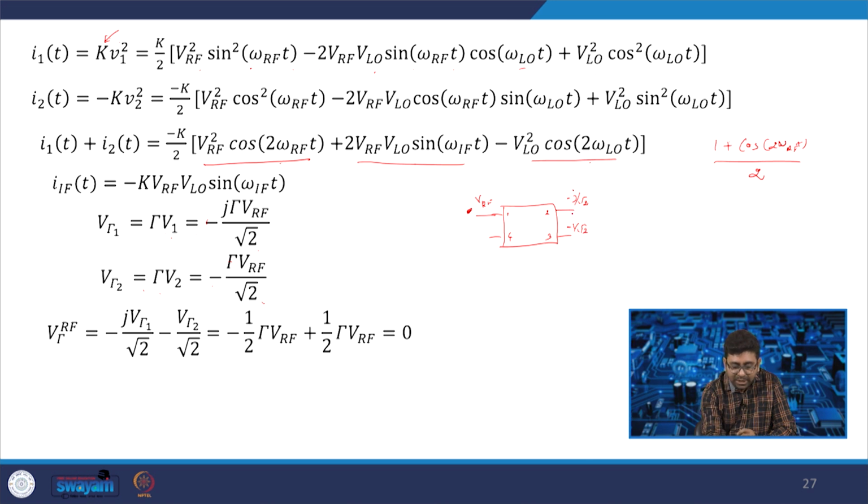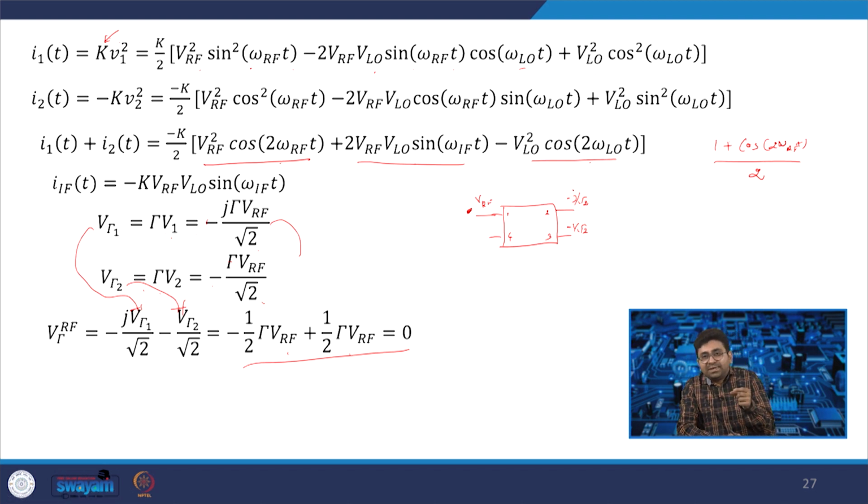Same thing we can write: minus J by root 2 into V into gamma 1. If you apply voltage at port 2, minus J by root 2 into V into gamma 1 voltage will come, and minus 1 by root 2 into V into gamma 2. When we use the same V gamma 1 and V gamma 2 in this equation, what we get is minus 1 by root 2 gamma VRF plus 1 by root 2 gamma VRF, which is equal to 0.